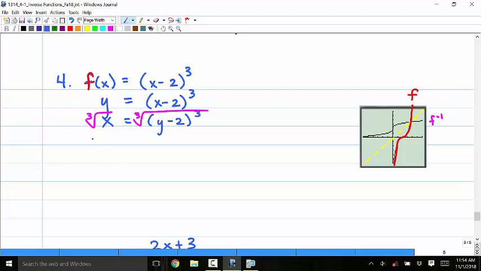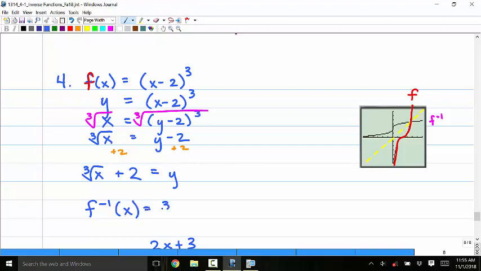So I get the cubed root of x equals y minus 2. Then add 2 to both sides, so I get the cubed root of x plus 2 is equal to y. So my inverse function is equal to the cubed root of x plus 2.